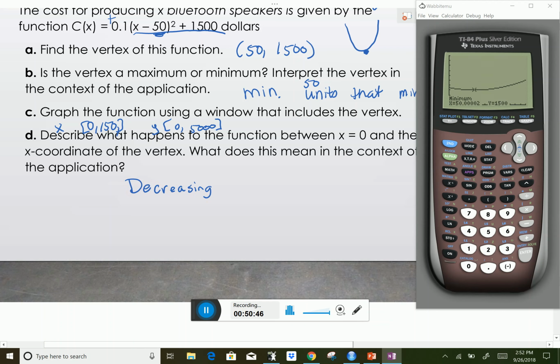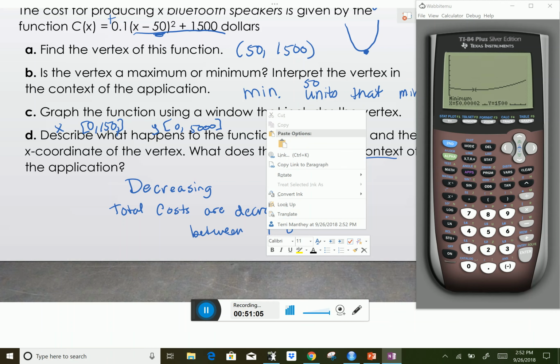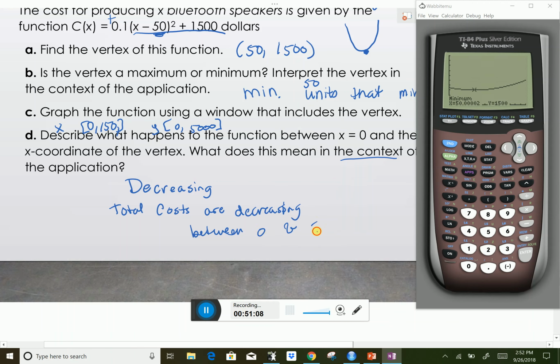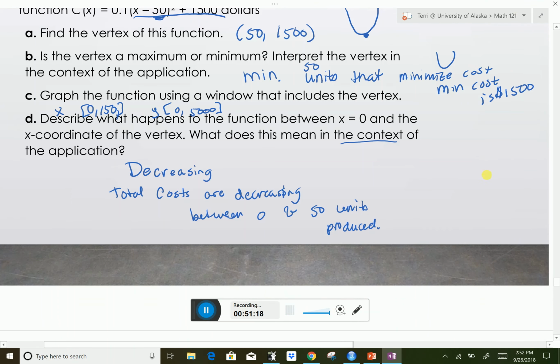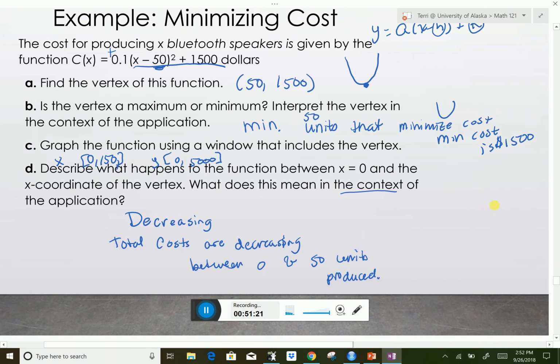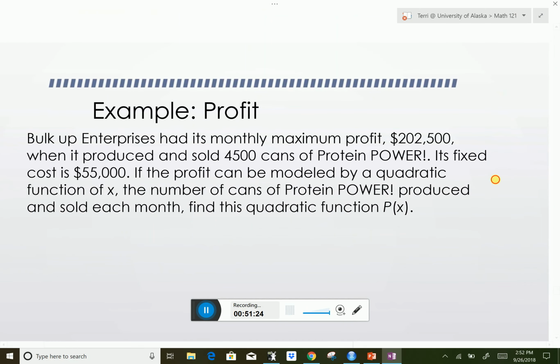And what that means in the context of the problem is that total costs are decreasing between 0 and 50 units produced. So between 0 and 50 units produced, our total costs are decreasing. So that's what we've learned by that graph.